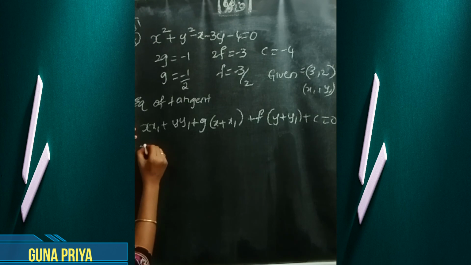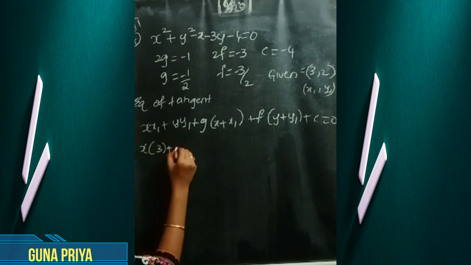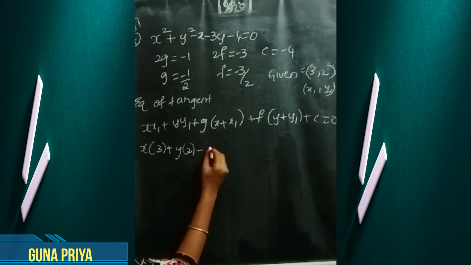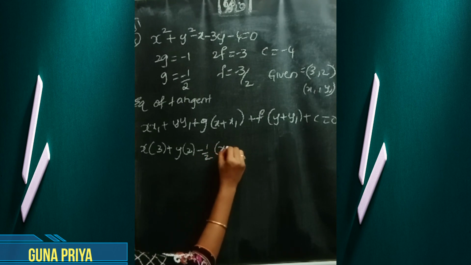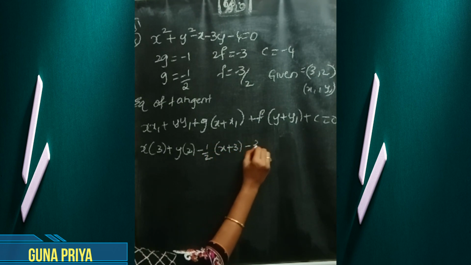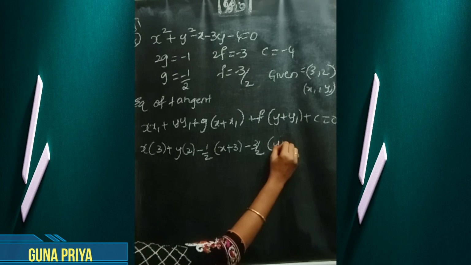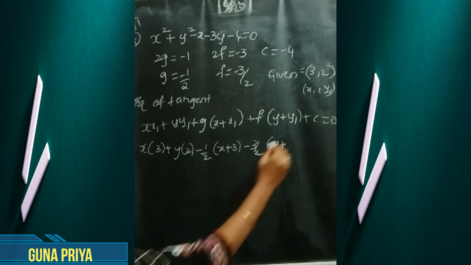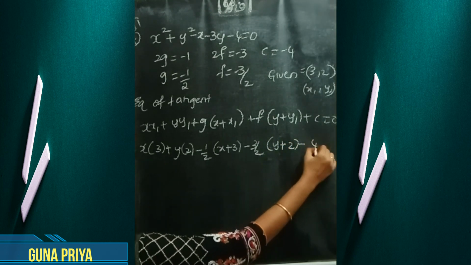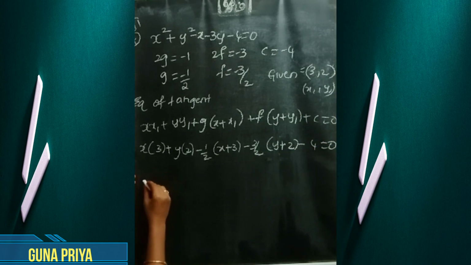Okay. Now substitute this point in this equation. g means minus 1 by 2, x plus 3, minus 3 by 2, y plus 2, minus 4 equals to 0.